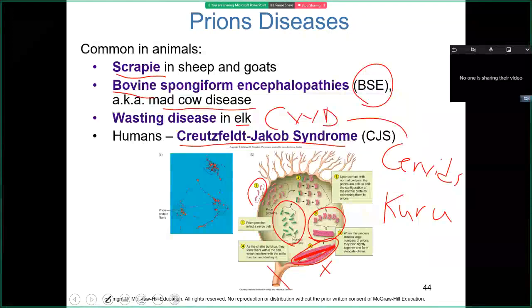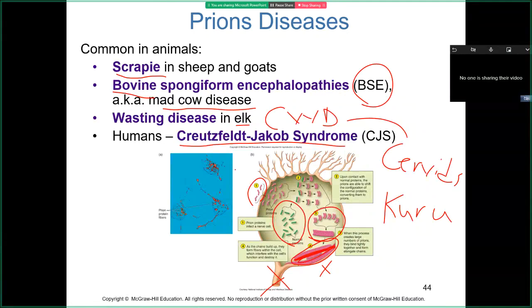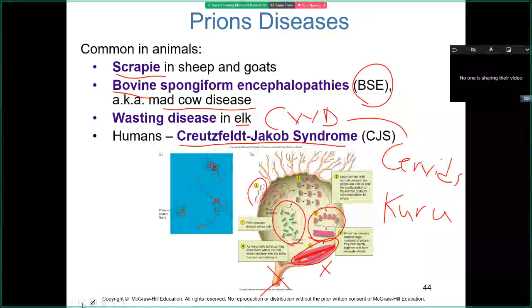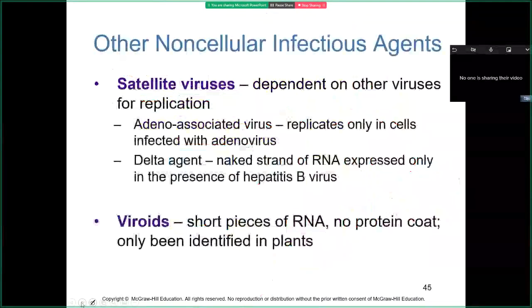There's no way that nerve signals can pass down that axon. So that neuron and others around it likely are going to be shut down and lead then to paralysis and ultimately death of that individual. All right, so there are those.